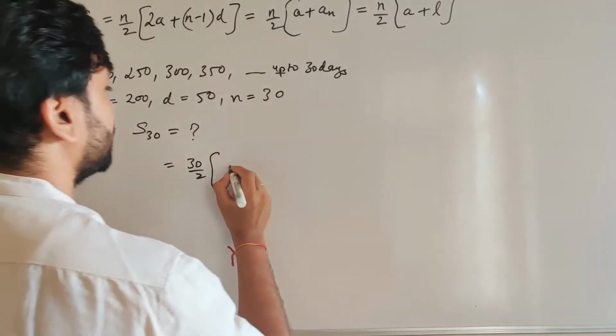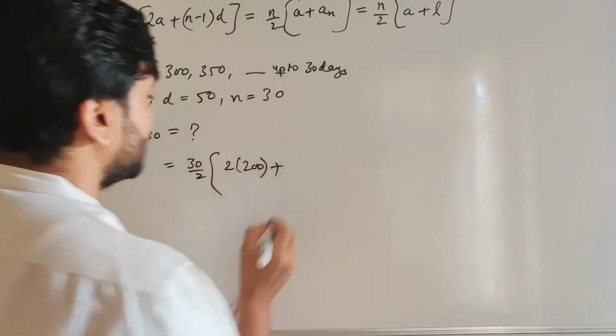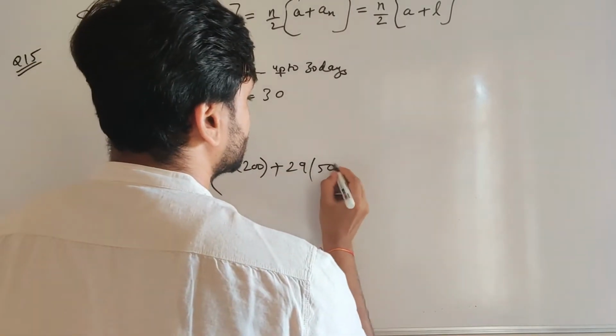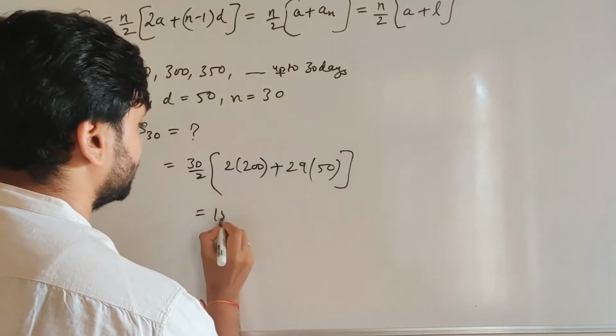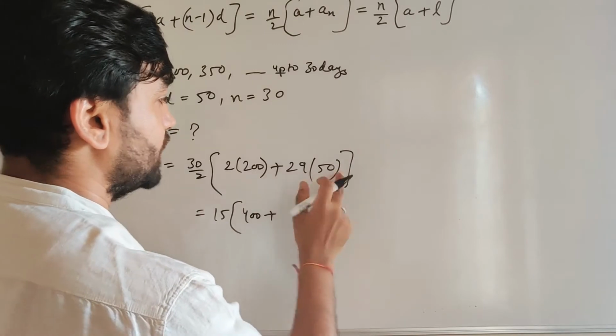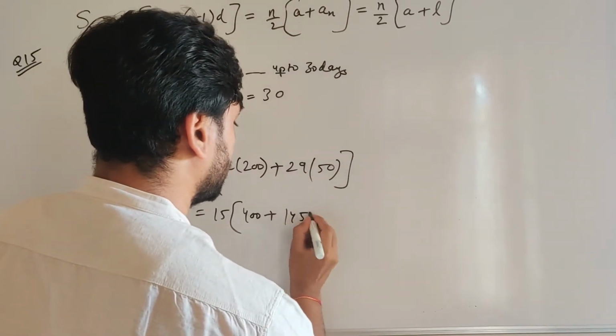So n by 2, 2a plus n minus 1, so 30 minus 1, into the common difference value, which is 50. We simplify and we get 15 into 400, and 29 into 50 will give you 1450.